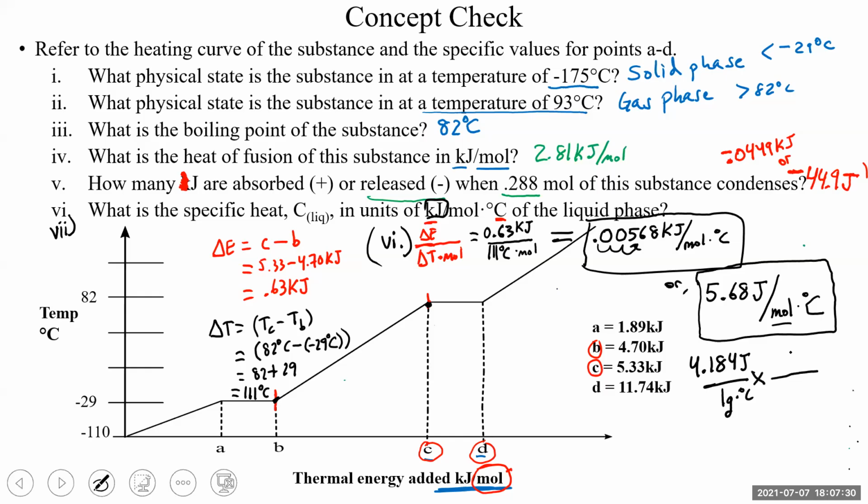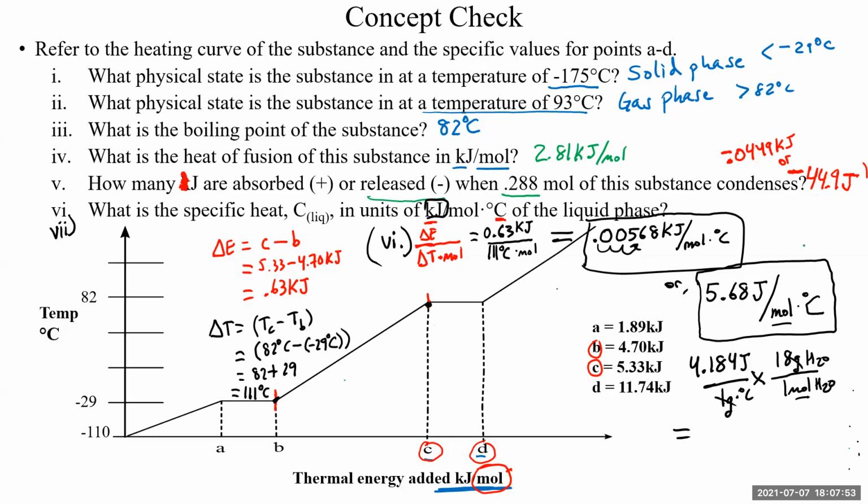What we can do is we know that every 18 grams of water is 1 mole of water. So if we multiply that out, the grams are going to cancel and we're going to end up with moles on the bottom. So 4.184, I think I misspoke and said you had to divide earlier. Sorry about that.